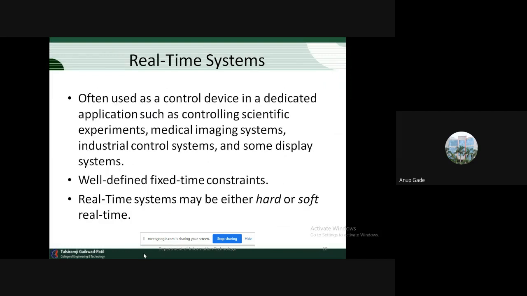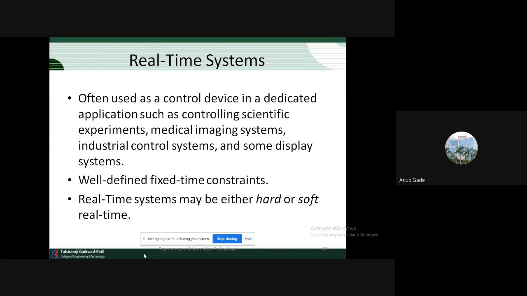Then a very important and interesting kind of operating system, that is real-time systems. A real-time operating system is often used as a control device in a dedicated application, such as controlling scientific experiments, medical imaging systems, industrial control systems, and some display systems. These are very important, because in a real-time operating system there is no second thought, there is no concept of multi-programming or time sharing.